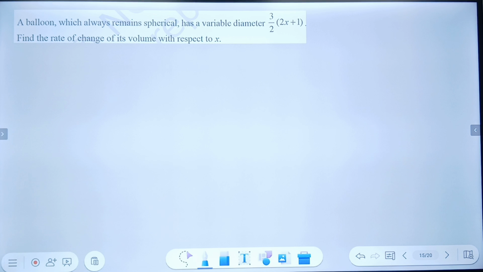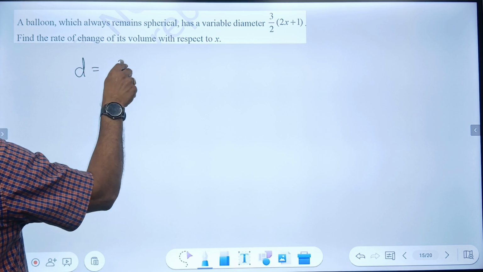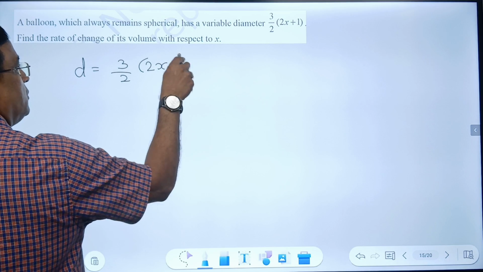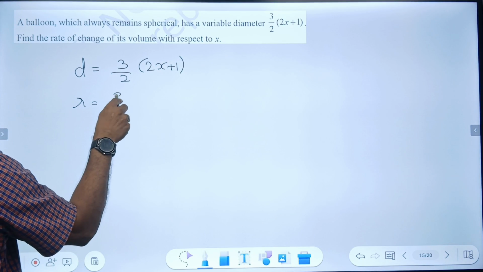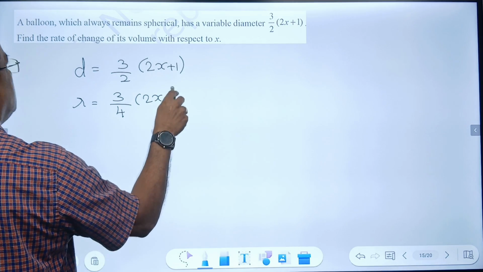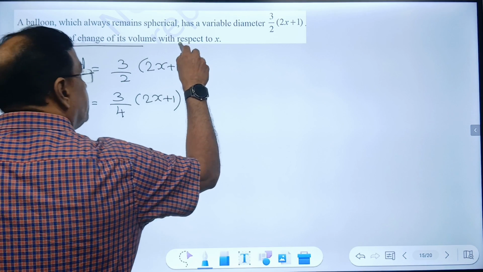Okay, next one. The balloon which always remains spherical has a variable diameter. So the diameter of the balloon is 3 by 2 into 2x plus 1. So what is the radius of the balloon? 3 by 4 into 2x plus 1. Find the rate of change of volume with respect to x.